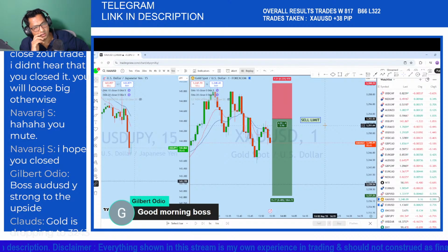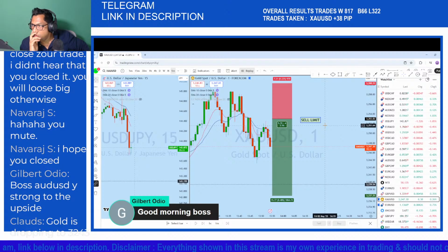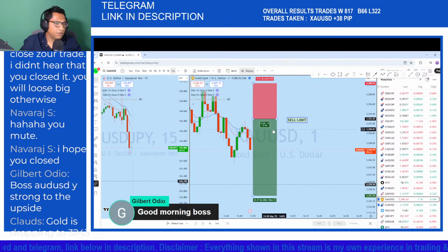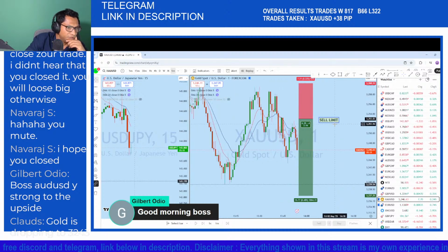This is an issue with the sell limit. I more often use the sell stop for that reason, because the market more often doesn't go to the level, just returns, and it didn't trigger for just two to three pips.